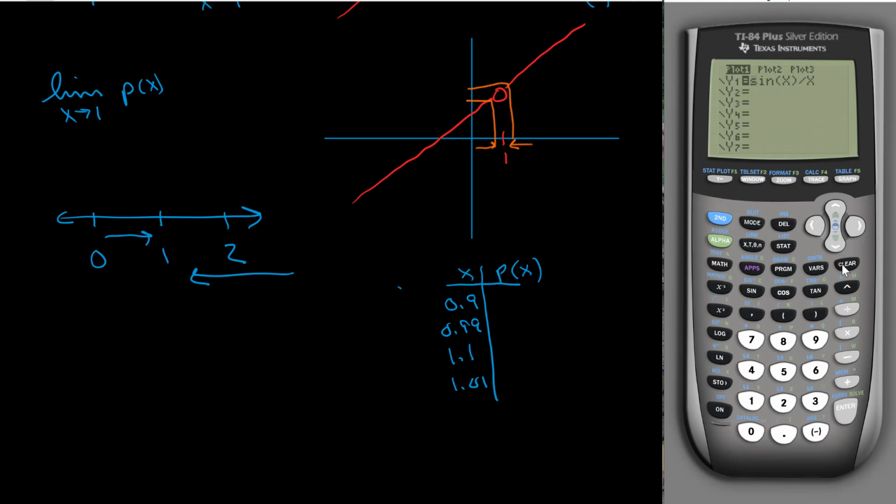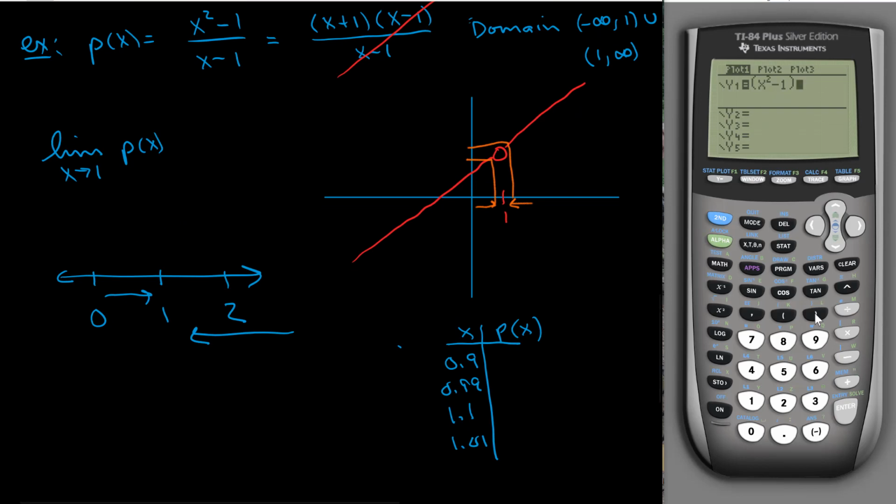As we've done previously, I'm now going to go to the calculator. I'm going to clear my y value, and I'm going to enter in this new y value, which is going to be x squared, subtract 1, and that's divided by, and we're going to do parentheses, the x minus 1. Close the parentheses once again. Then I'm going to go to table, and I'm going to delete these values.